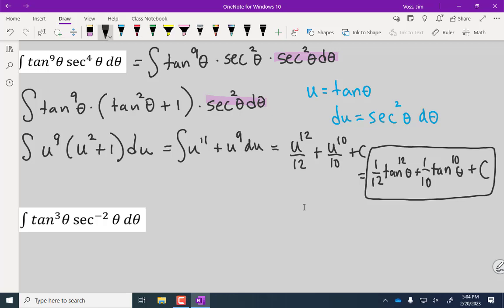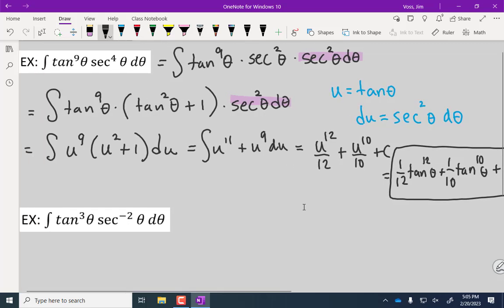So why did we do secant squared? Since the power on secant is even, we're going to pull 2 off, which means there's 2 left over. And then the leftover secants have to be converted over to tangents. So anytime we have an even power on secant, we'll pull 2 off and convert whatever is remaining.